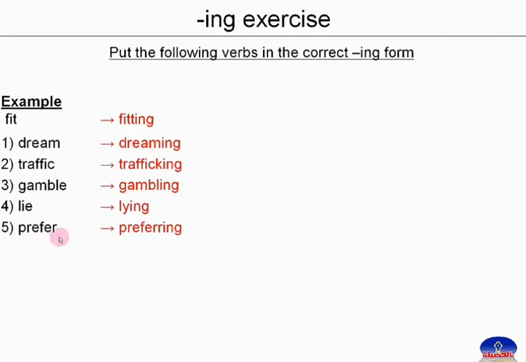So we say prefer. We don't say prefer. We say prefer. So that means we have to double the consonant. We have to double the letter R, and then we add ing. So we have double R, ing, preferring.